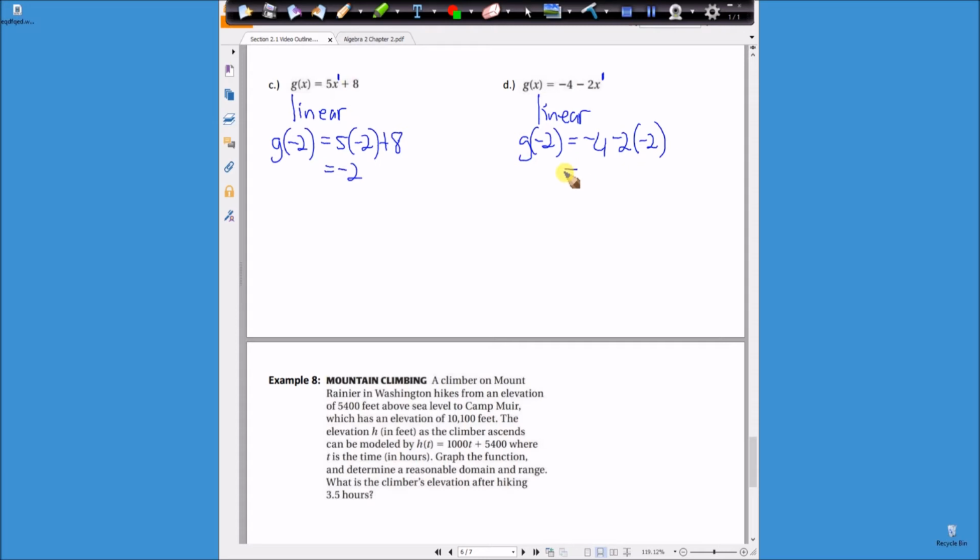If you simplify that, you find the answer is 0. So this is function notation as opposed to y equals. Same meaning, just a little bit more descriptive. If I had y in here, I wouldn't know that I substituted a -2. So it's a little bit clearer in describing what we did.